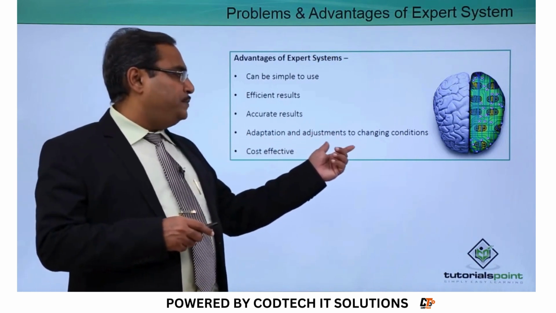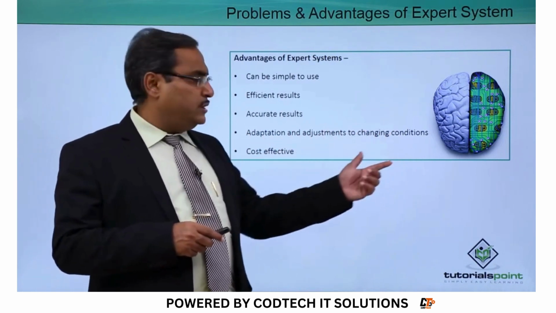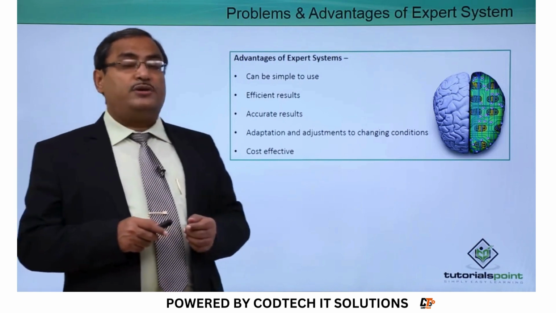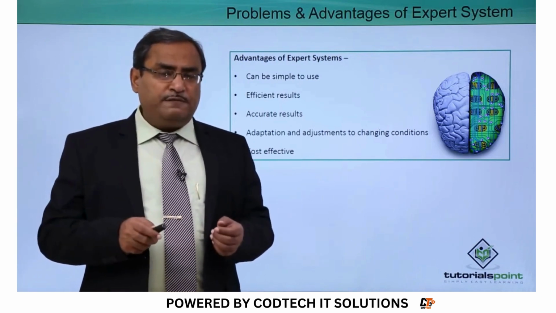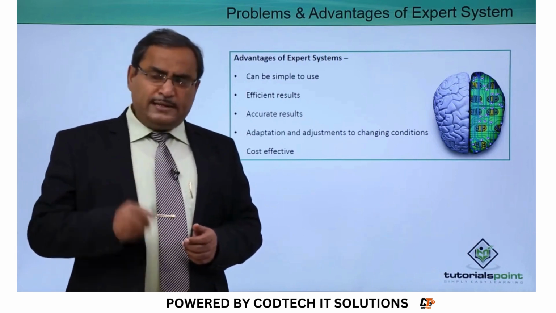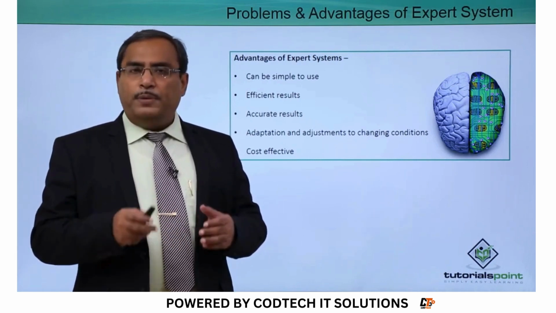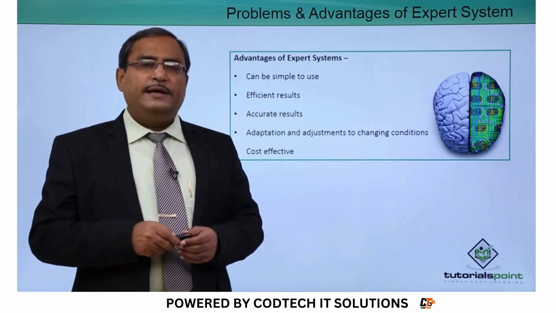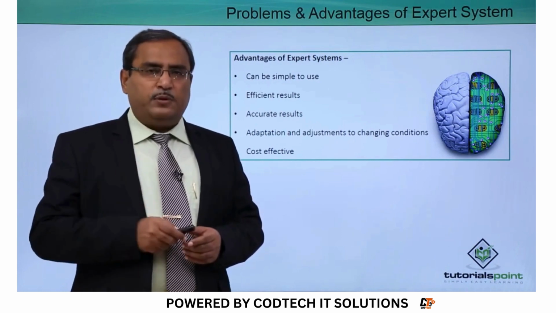Adaptation and adjustments to changing conditions, and it is cost effective. So these are the different advantages of using expert system. In this session we have discussed the problems and the advantages of expert system. Thanks for watching this video.